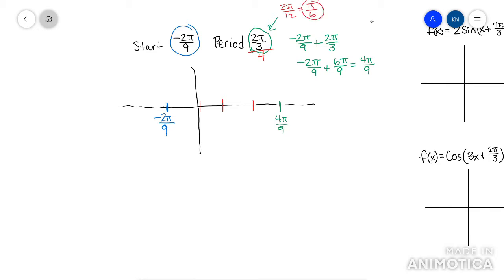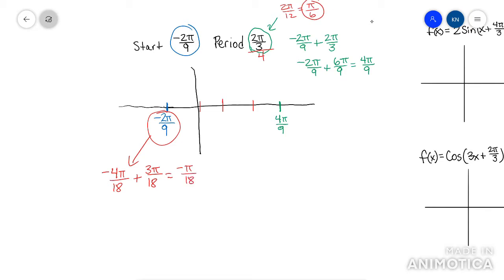That's how much you're going to add to your start over and over again. These don't have a common denominator either. So this is actually negative 4 pi over 18, and you're adding pi over 6 each time, which is 3 pi over 18. So my first one would be at negative pi over 18.